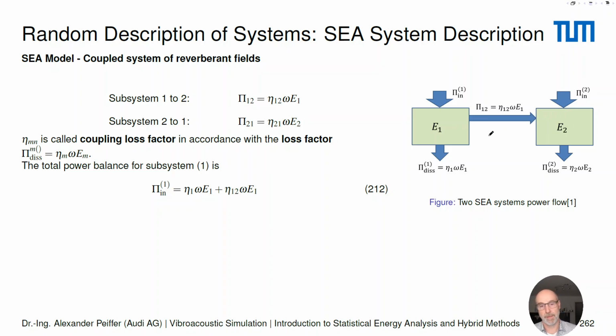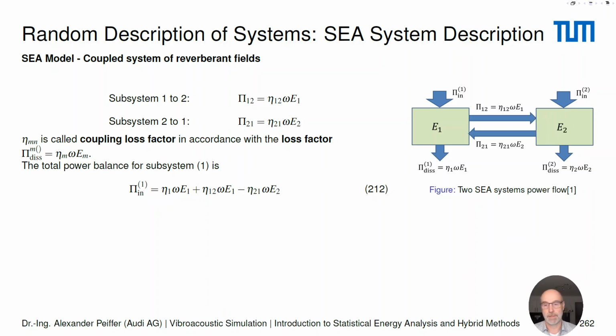But on top of that, there is a power input still coming from subsystem number 2, and this is given by the second expression, again using this coupling loss factor η21. The same can be done for the second subsystem, and this would give us this equation here.